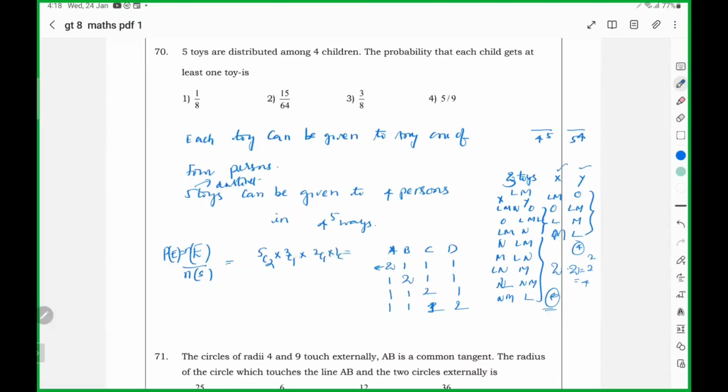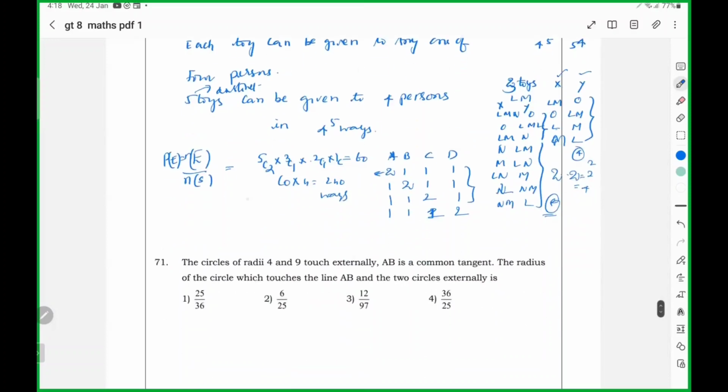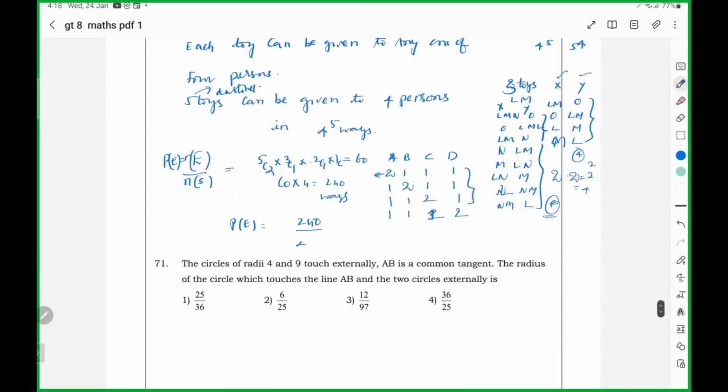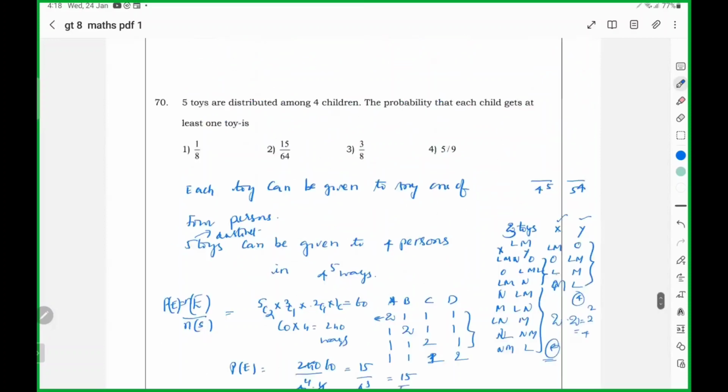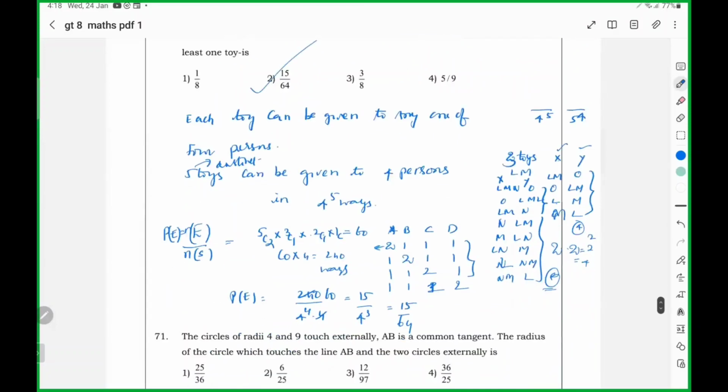So this is 10 into 3 into 2, 60, like that 4 possibilities, 240 ways. So P of E will be 240 by 4 power 5, 60, 4 15s by 4 cube, 15 by 64. Second option is correct.